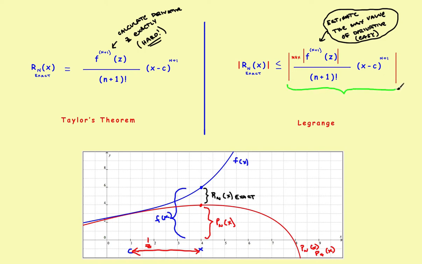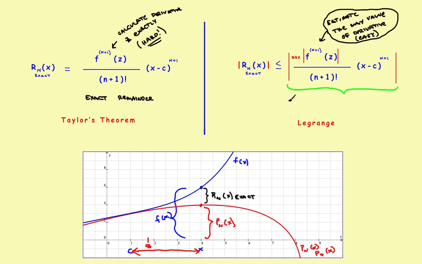You're going to estimate the maximum value of the derivative, plug it into this thing, then when you evaluate this whole thing, over here, and I think we'll do it in black, you're going to get the exact value of the remainder. You're going to get that black distance right here.